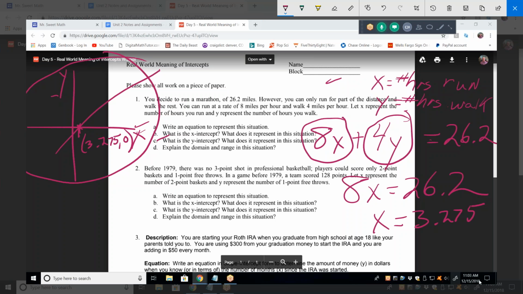It's 0. Exactly. So if you plug in 0 for x into our equation, what do you get? So then it would be 4 divided by 26.2 divided by 4. Exactly. What is that?